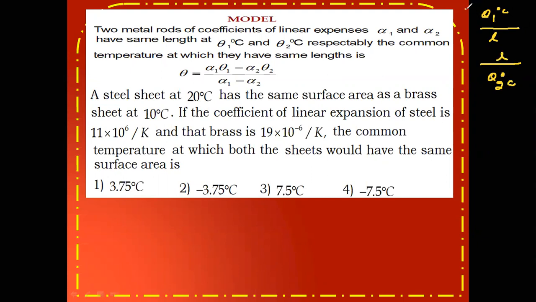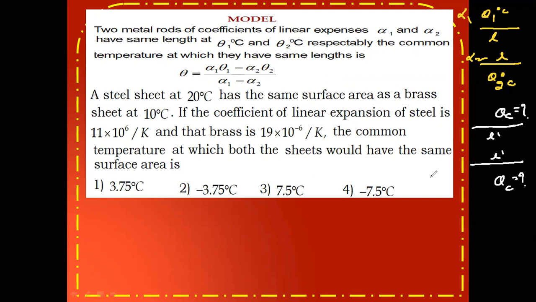This is made of a different material and that is also made of a different material. It is the data that is given. Now I raise the first rod temperature to theta C, and the second rod temperature is also theta C. Here the length of the first rod I take as L dash, and the length of the second rod is also L dash only. Now my question is, what is the theta C value?